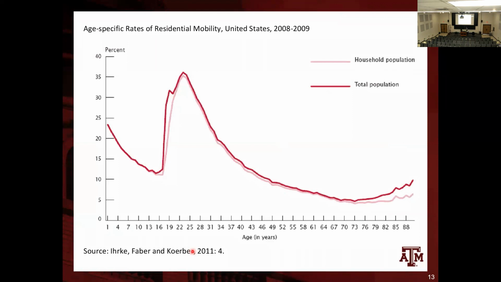So when you're trying to understand migration patterns for a specific area, you don't only estimate the overall in-migration rate, out-migration rate or net migration. You also look at the age-specific migration rates estimated for each age group, okay?